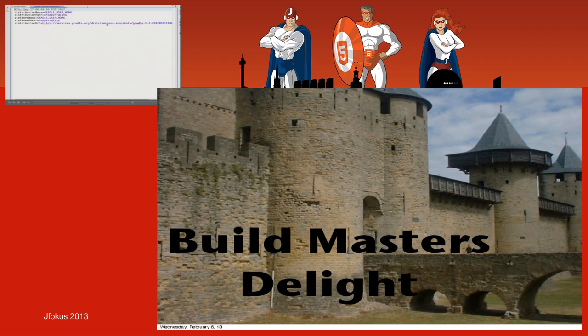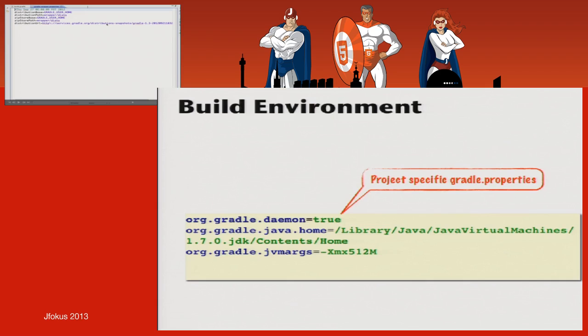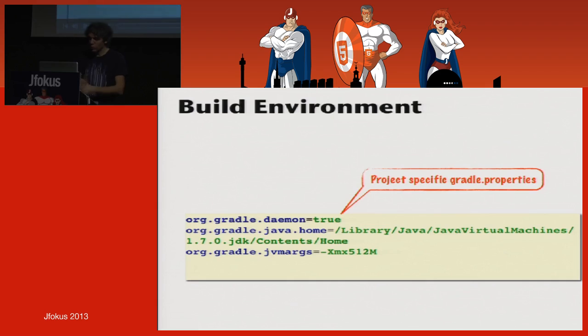So that is another thing we put a lot of attention to in enterprise scenarios, to lock down the build environment. And another thing, the last slide on that, is you can specify in the project directory a gradle.properties file where you can specify the Java home that needs to be used for the JVM that is running the builds, and the JVM args that need to be used for running a build.